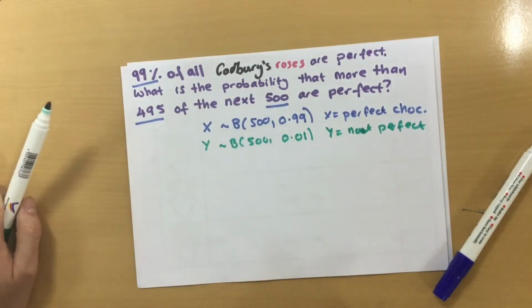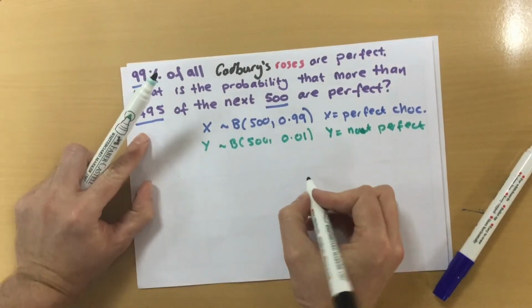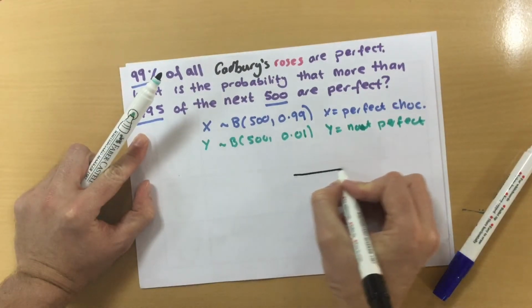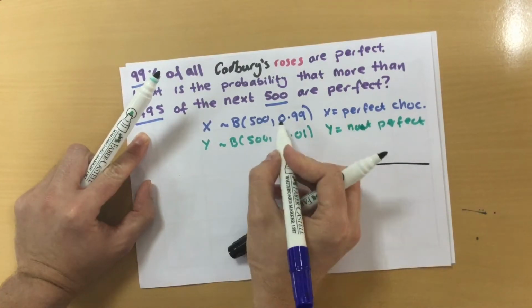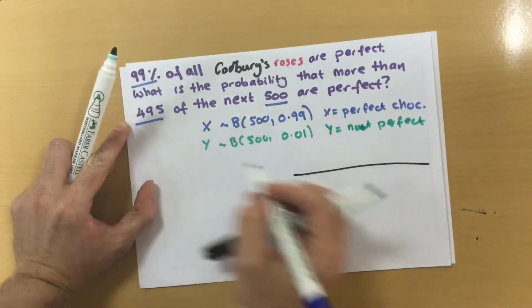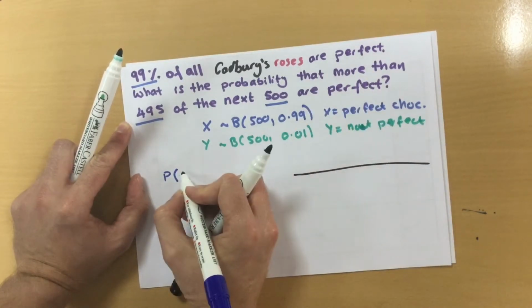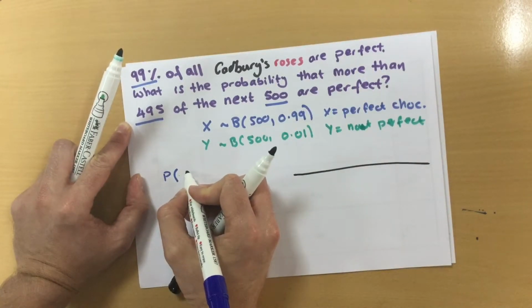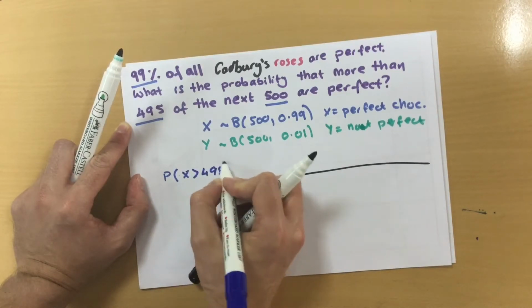This is where number lines are ridiculously useful. So let's look at our original scenario. You wanted to know if more than 495 were perfect.